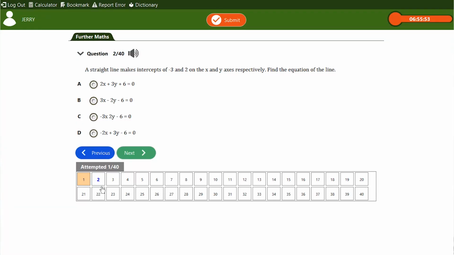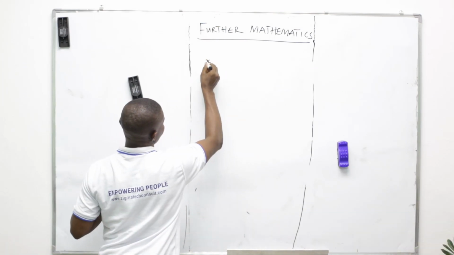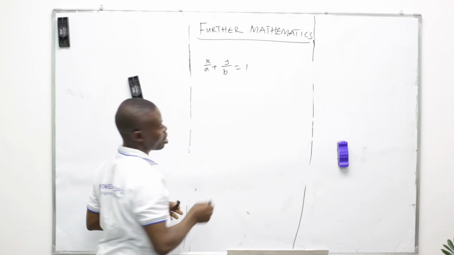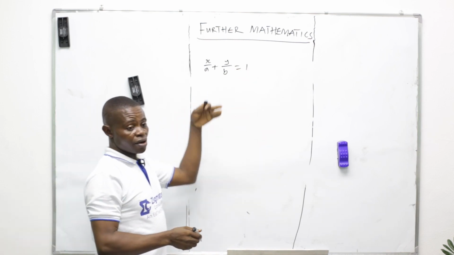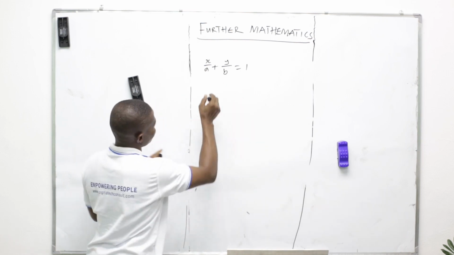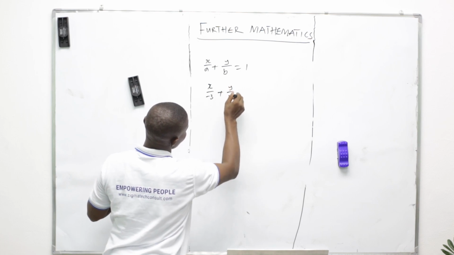This is a special case equation, the fractional form: x/a + y/b = 1. Here, a represents −3 and b represents 2. So we have x over −3 plus y over 2 equals 1.